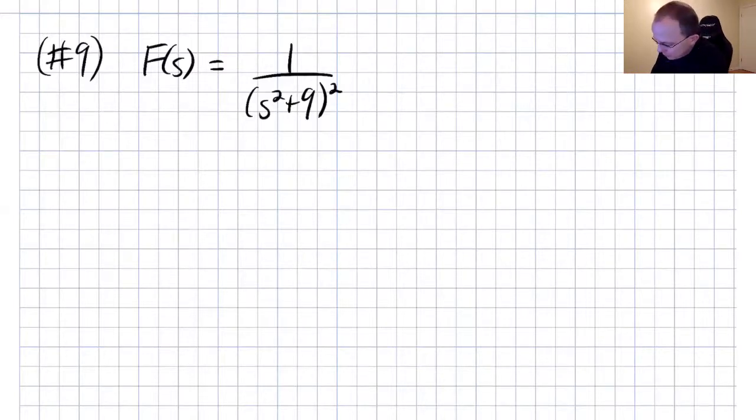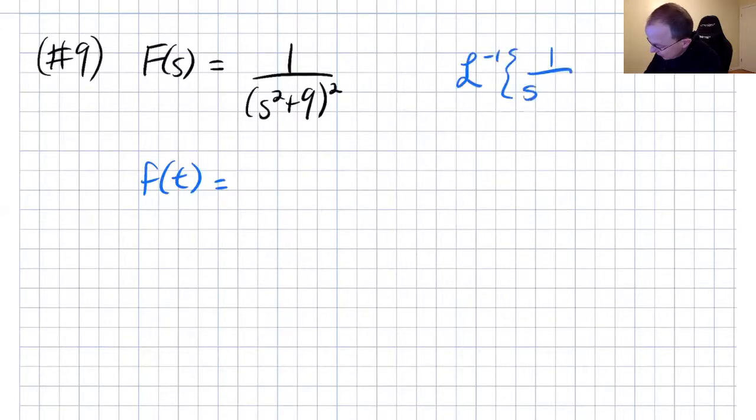Okay, so let's use the theorem to do this. So of course, the inverse Laplace transform of 1 over s squared plus 9, we know what that is. That is sine 3t. So we know that one. So let's use that.